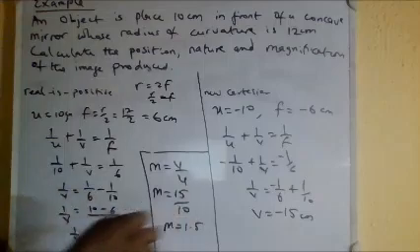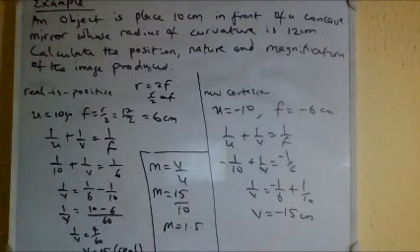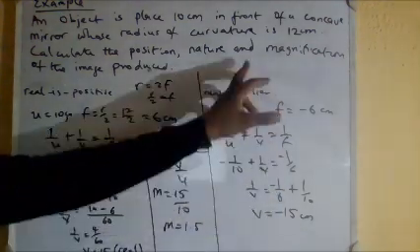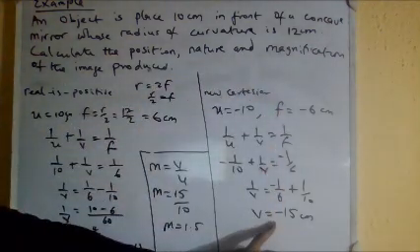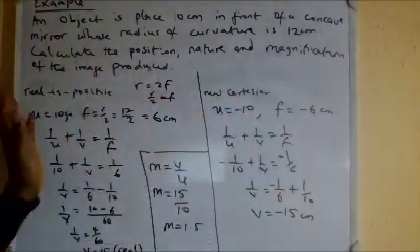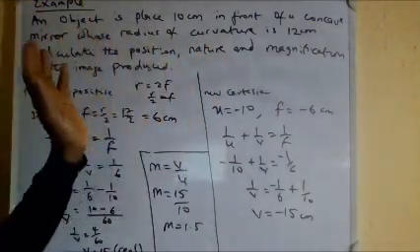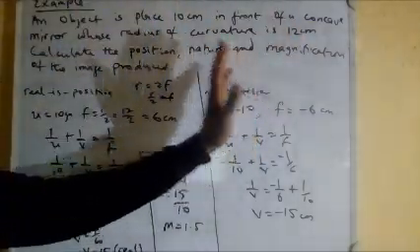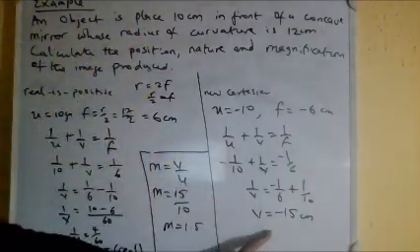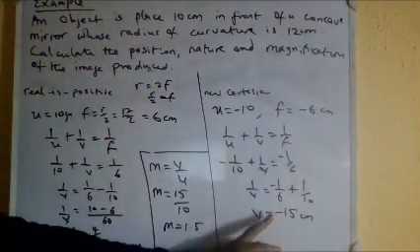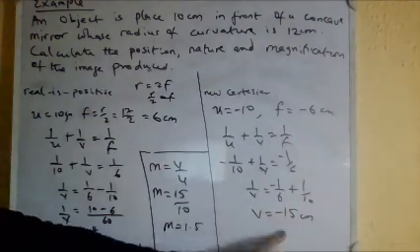Now, what does this minus tell you? It tells us that because it is minus in the new Cartesian convention, you understand, minus is on this side, plus is on this side. Minus is on the left-hand side of the Cartesian plane, and plus on the right-hand side. Because it's on the left-hand side of the Cartesian plane, the image is real. It is formed on the same side as the object because it's on the left.